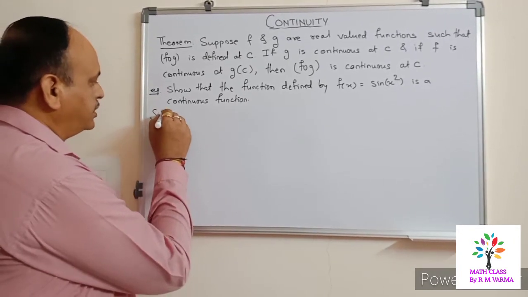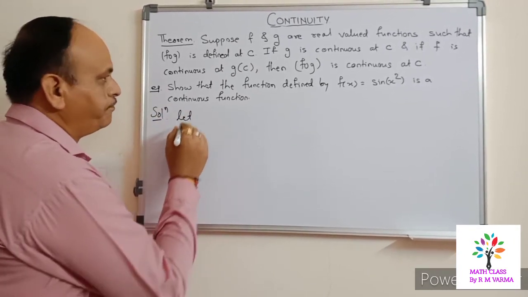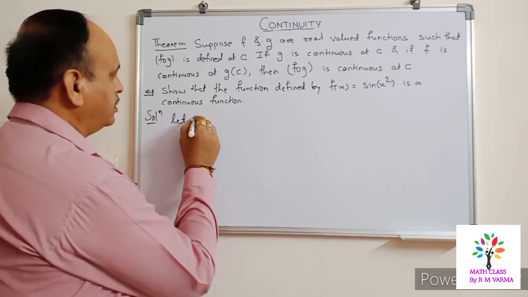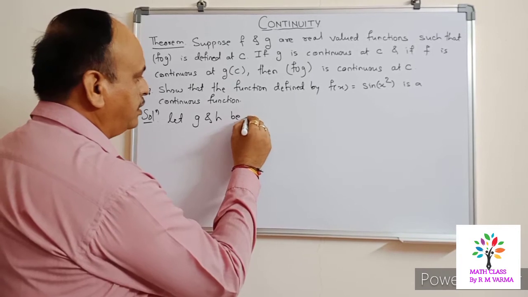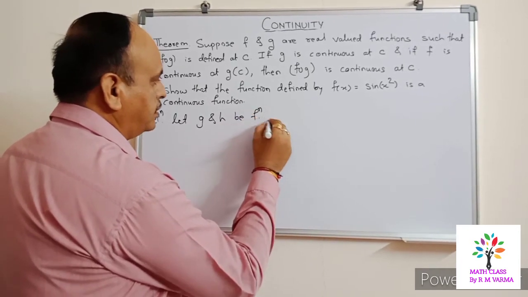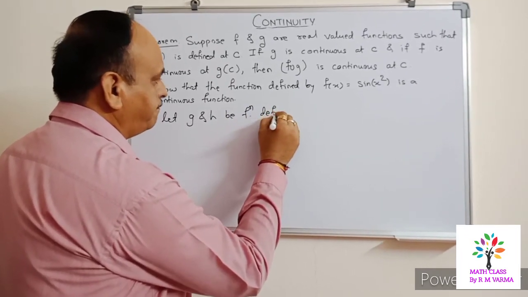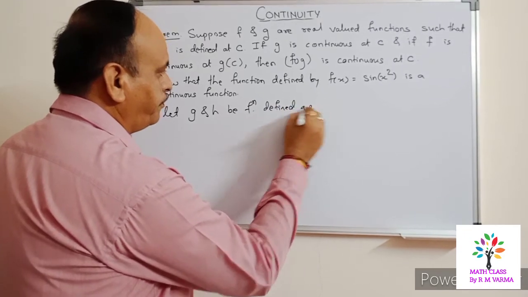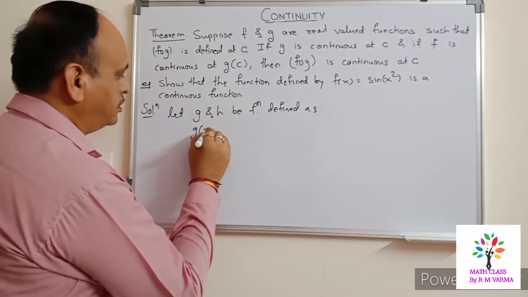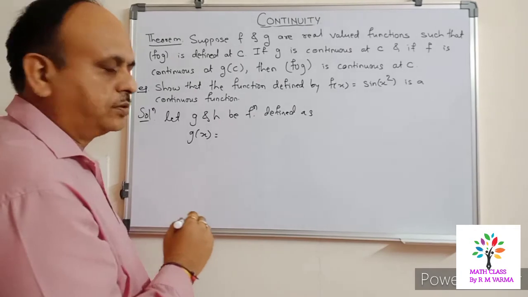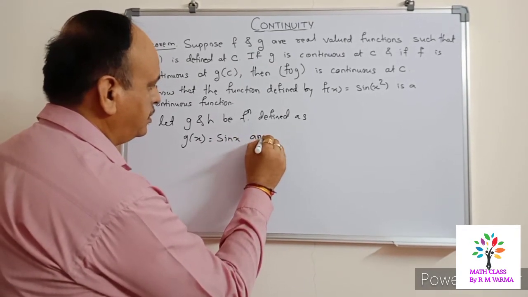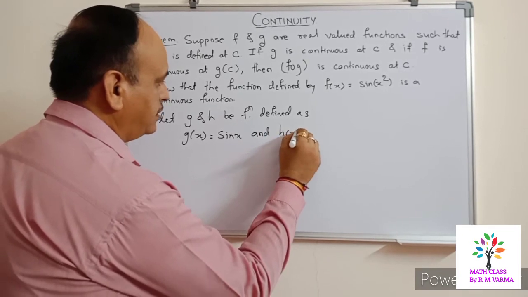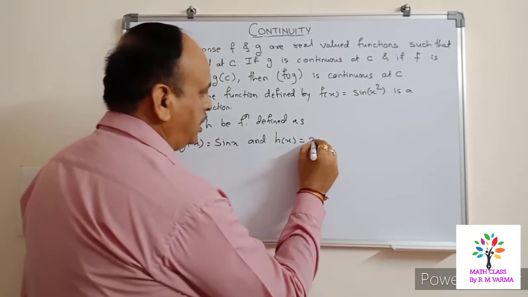So the solution for this is, let g and h be functions defined as g of x equals sin x and h of x equals x squared.